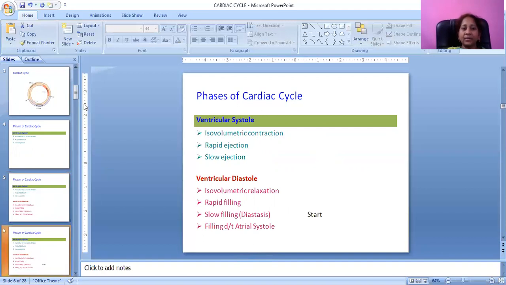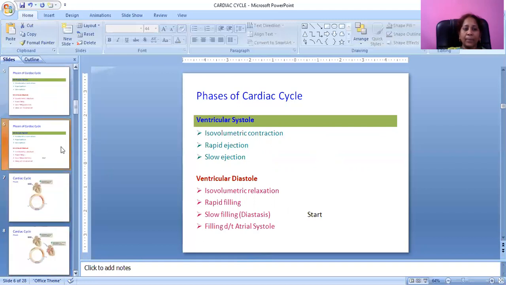These are the main things. First is ventricular systole, then ventricular diastole. Afterwards, we get auricular systole and auricular diastole.